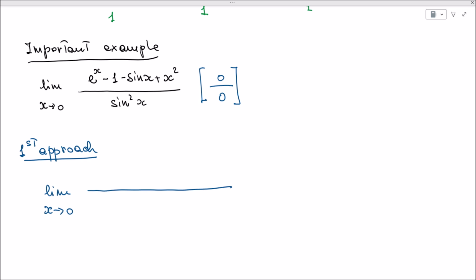So, we see that we have e to the x minus 1 divided by x times x, so that in the numerator, we already have something that we know. Then we might divide and multiply by x, sine of x, and again we have something that we know, and we leave x to the square.